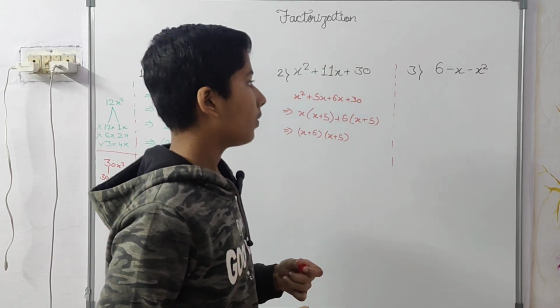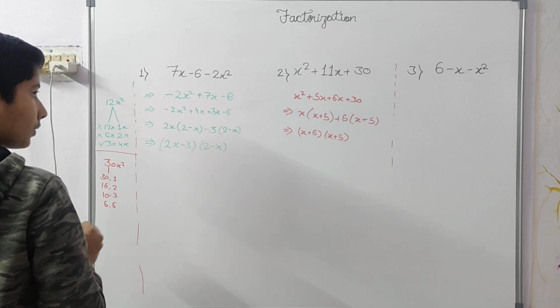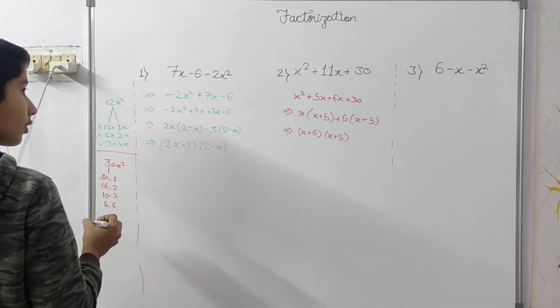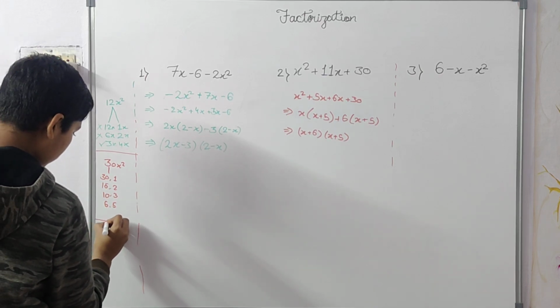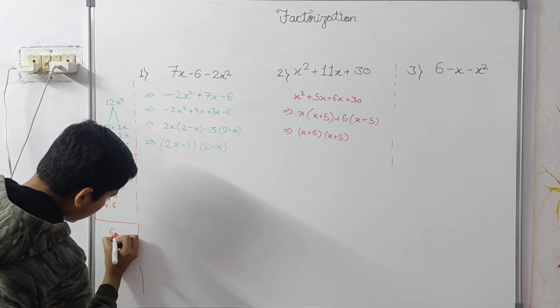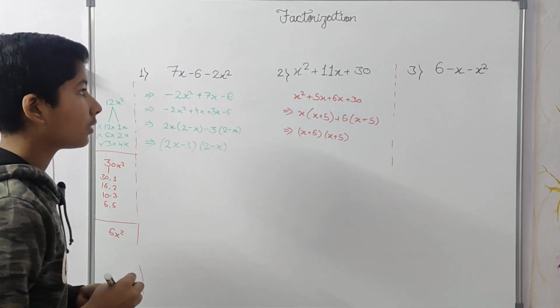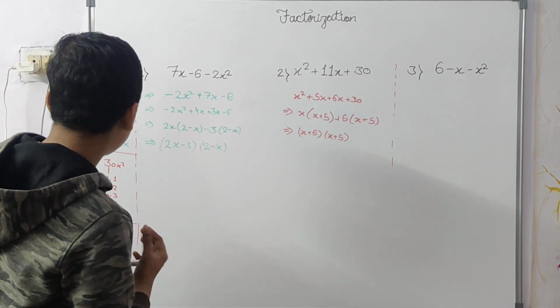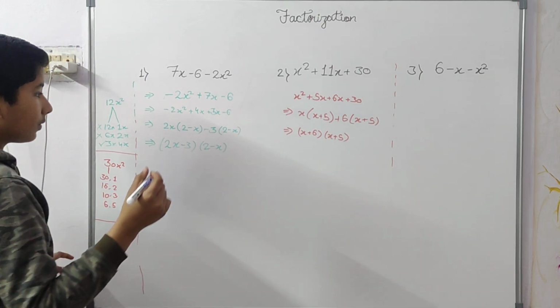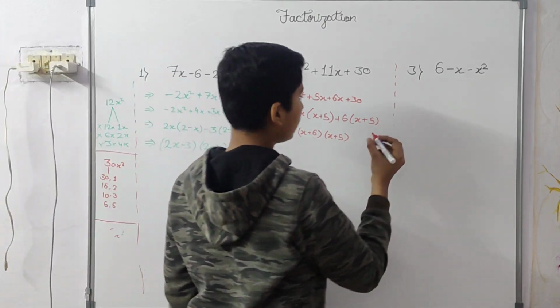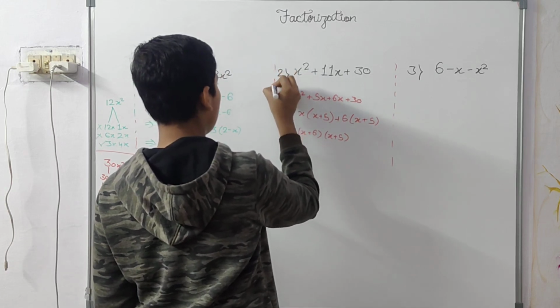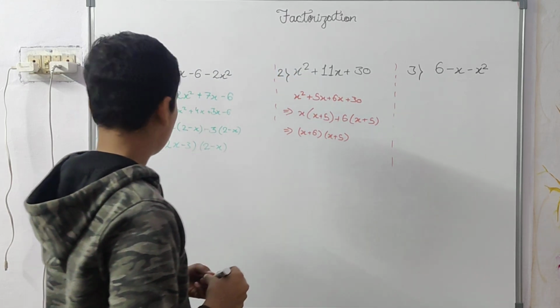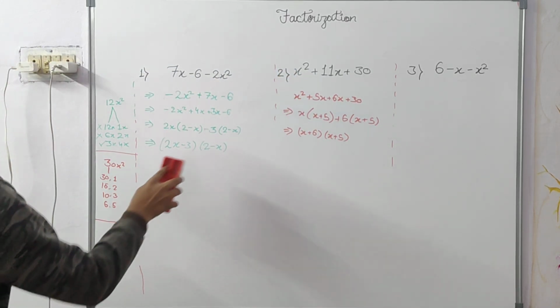See, 6 minus x square. If you see 6 into x square, it is 6x square. Now split the 6x square. I think we should use this space. I'll erase this one.